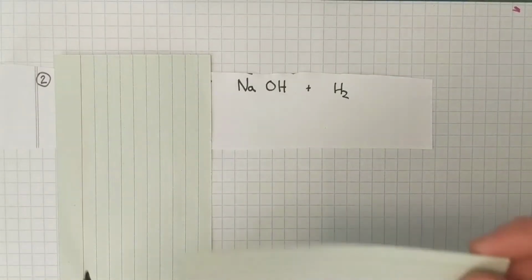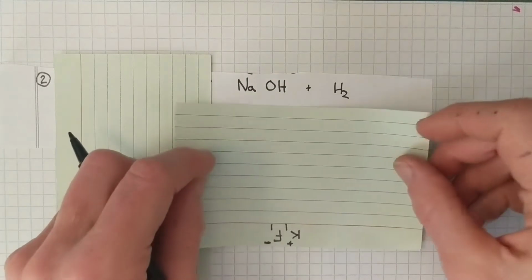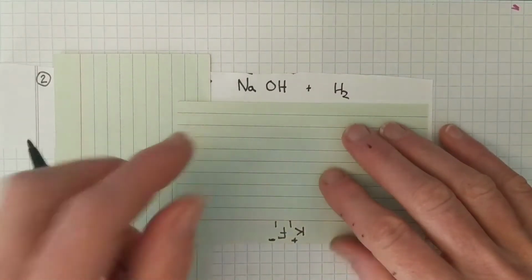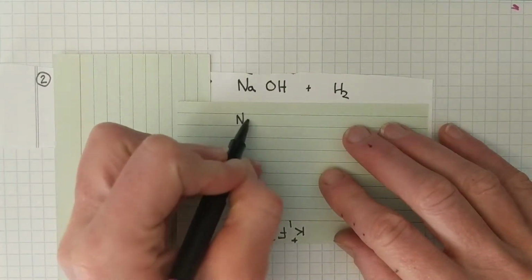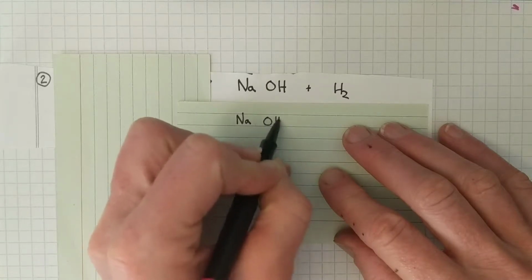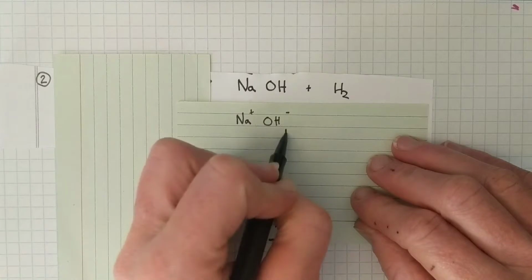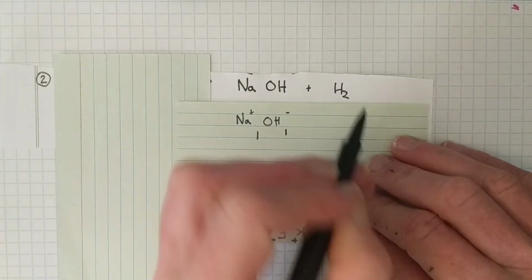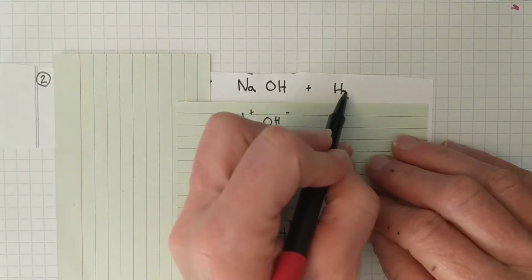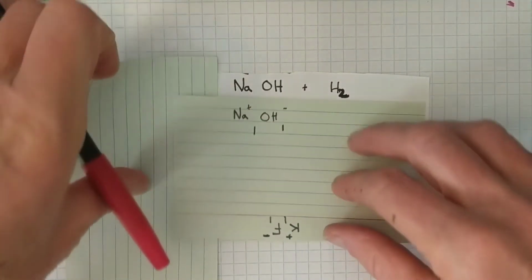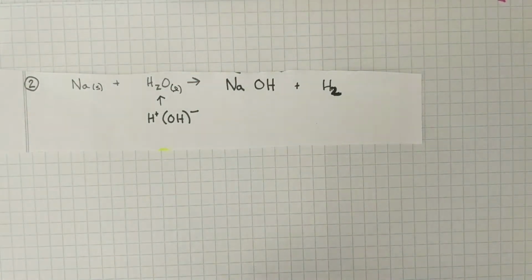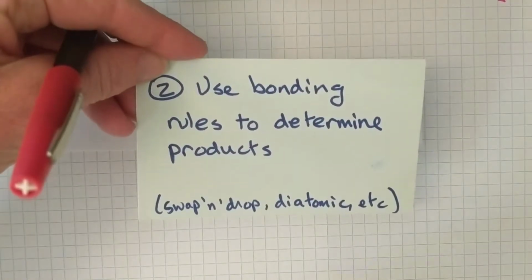We are just going to look at the sodium and the hydroxide, Na, OH, and we do the swap and drop, so that is just NaOH. And hydrogen is a diatomic molecule, so that will always be H2. So we use the bonding rules to determine the products. Bingo.